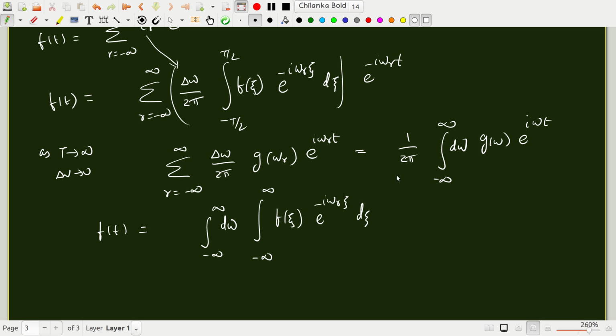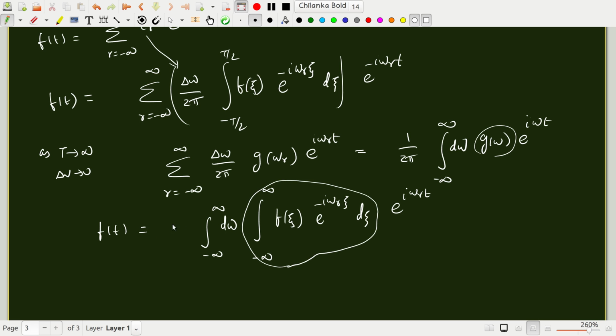This is exactly what we had here for g of omega times e to the i omega r t. So basically, instead of g of omega, I substitute this, and the rest remains the same.